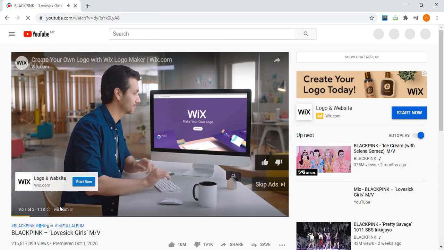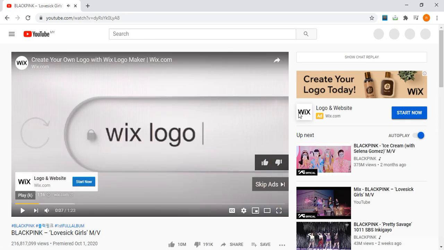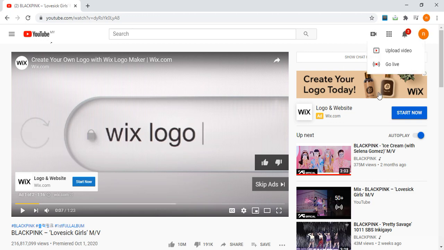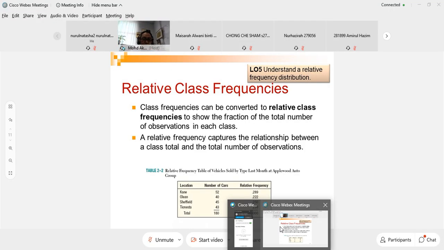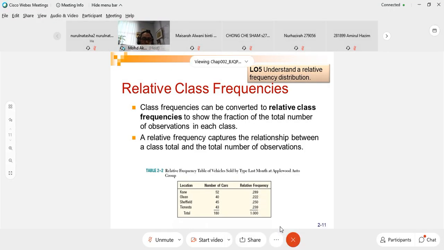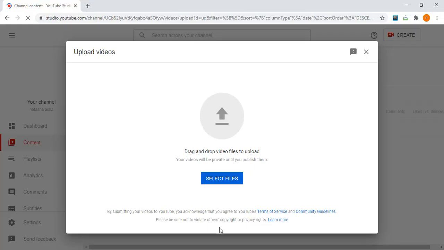Okay, now we learn another topic called relative class frequency. Based on this data, we have the data of location: Wikin 52, Olean 40, Sheffield 45, Donesta 43, total 180.